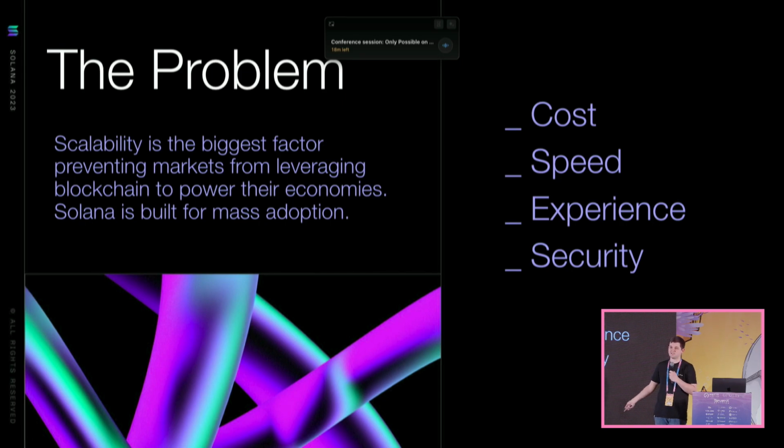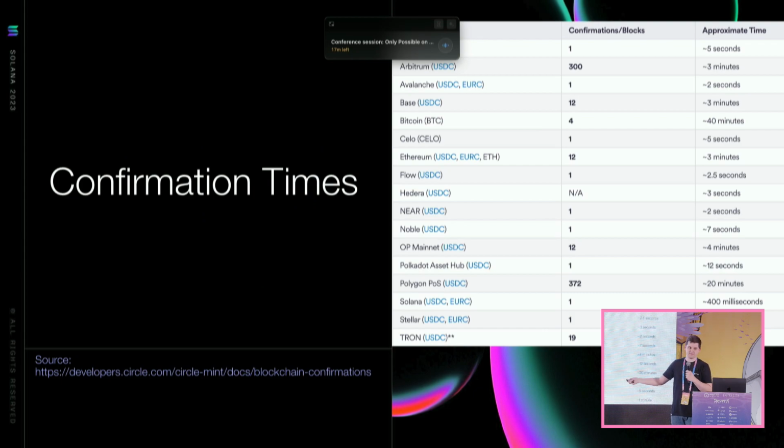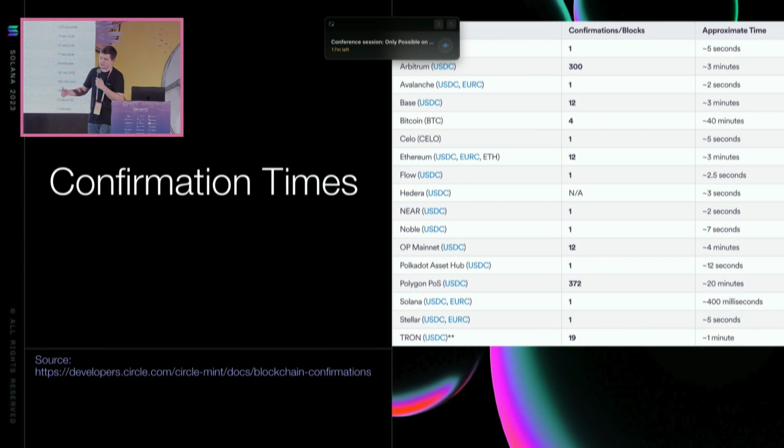It's enabling the high speed transactions that people need to build applications for what mass adoption requires, while giving the user experience that people expect and the security that you need and expect from any type of blockchain application.